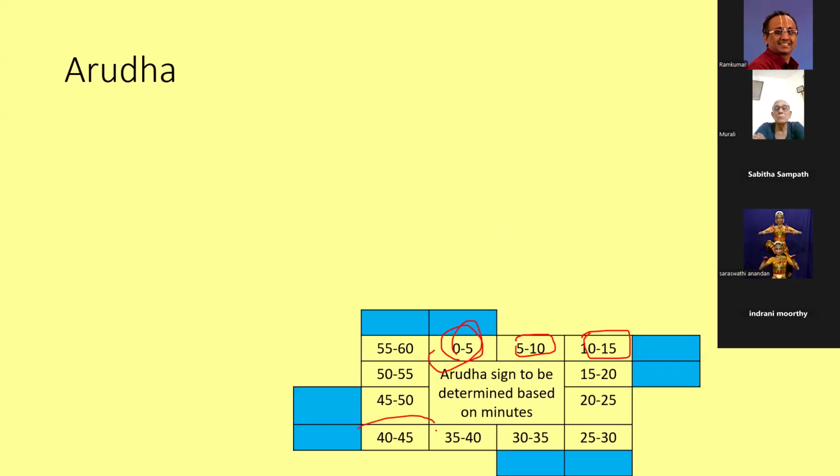If he's asking you a question at 7:42, Aarudham would be at Dhanur. If he's asking a question at 6:24, Aarudham will be Simha. Okay? Is this clear? There's nothing much to do in Aarudham.